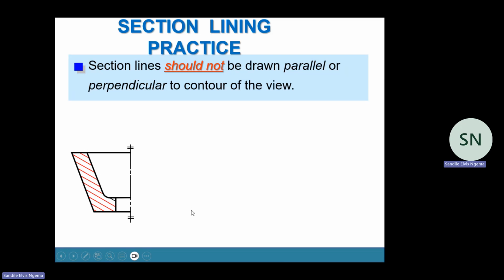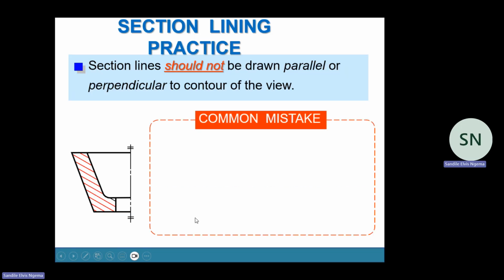But common mistakes that we make: number 1, you can actually see that these sectional lines in red are not at an angle of 45 degrees. That is a common mistake that we make.